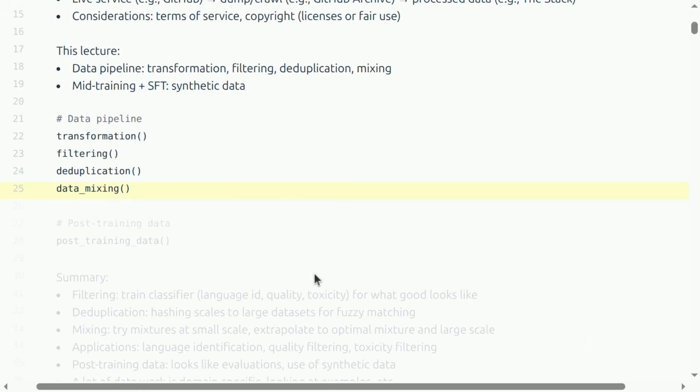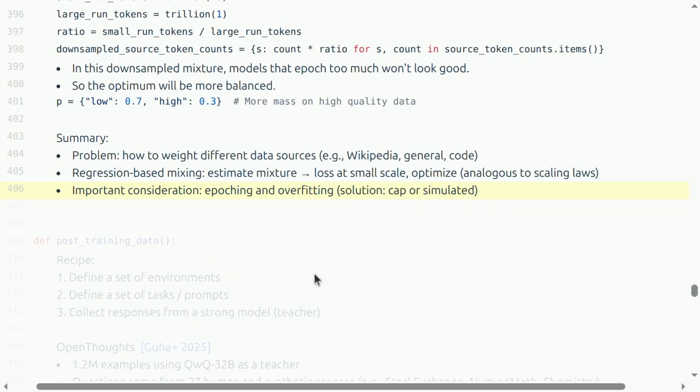Okay, any questions about data mixing before we move on? When you're downsampling, is there something like too small that you can't really generalize as well? So the question is, if you're downsampling, is there a risk you get too small of a data set? Yeah, absolutely. You might get into a case where you just have so few tokens.